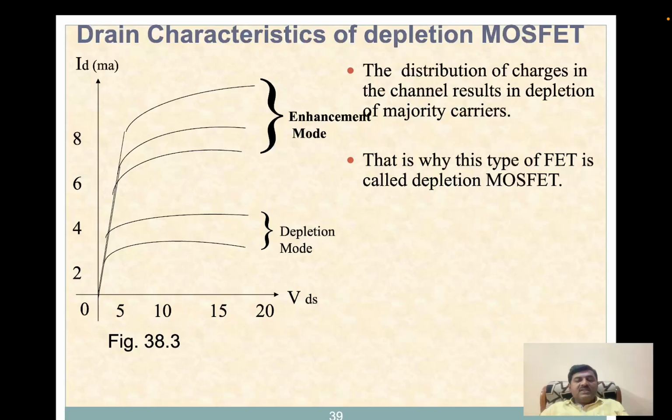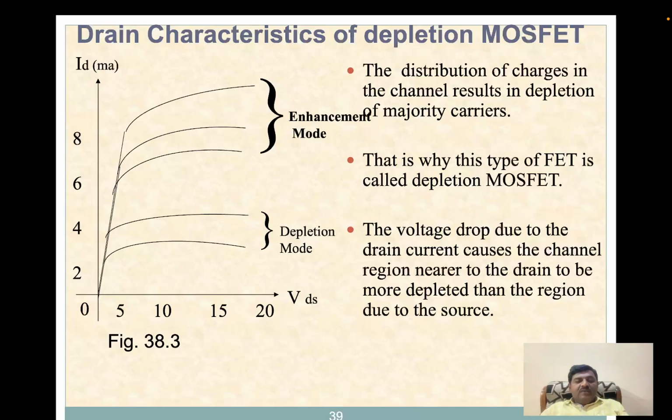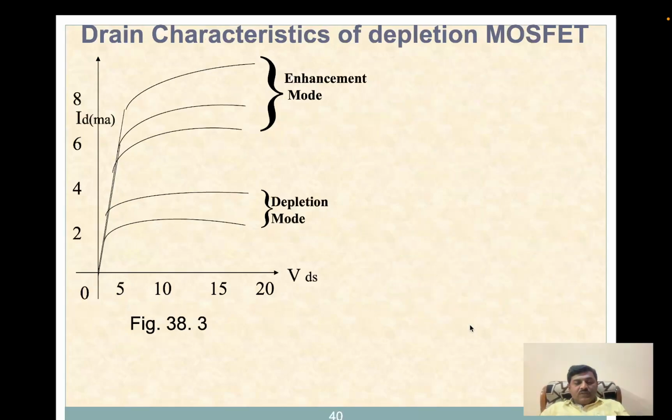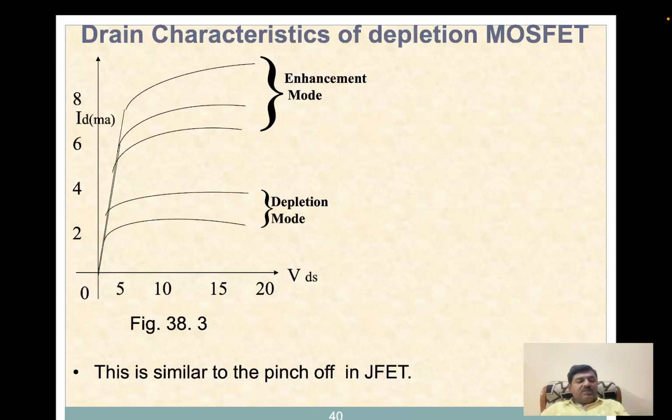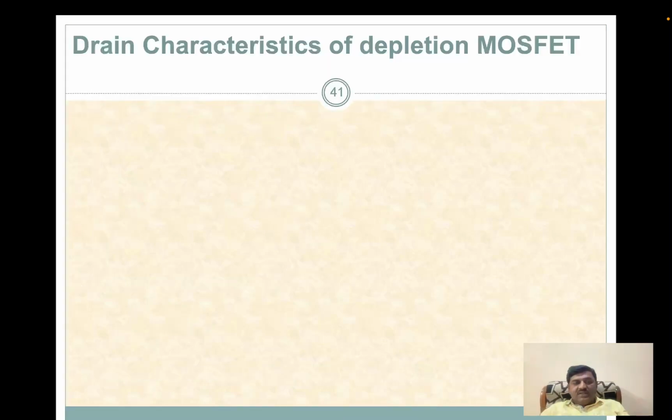That is why this type of FET is called a depletion MOSFET. The voltage drop due to the drain current causes the channel region nearer to the drain to be more depleted than the region near the source. This is similar to the pinch off voltage which we call in a JFET.